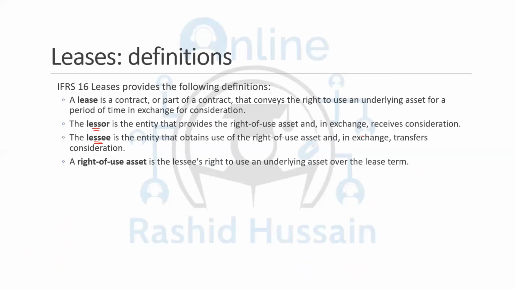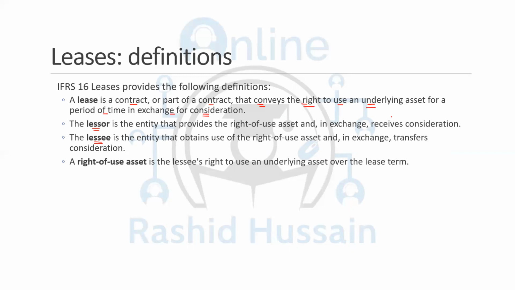Now, coming towards the definitions, a lease is a contract or a part of a contract that conveys the right to use an underlying asset for a period of time in exchange for consideration.